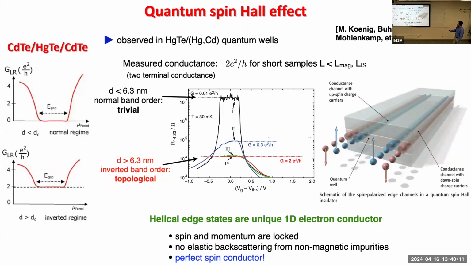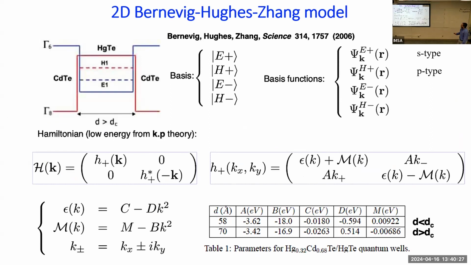And the way to characterize topological matter in this way is to measure the conductances, in this case the spin conductance, so we see the signal in the bandgap. What is the value in this bandgap? And to describe this experiment, in this paper Bernevig, Hughes and Zhang proposed this model that is a 4-band model.